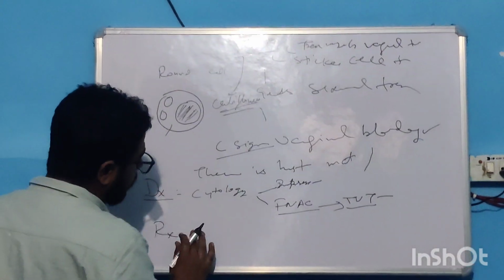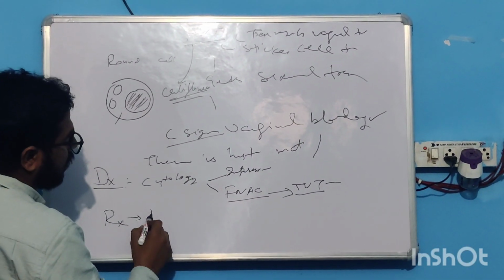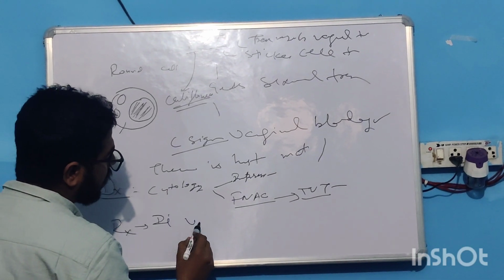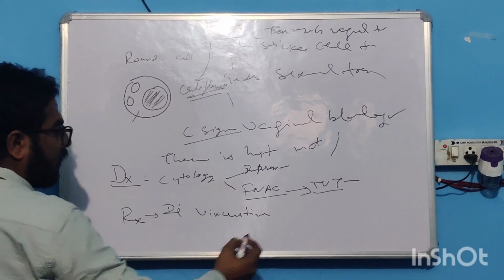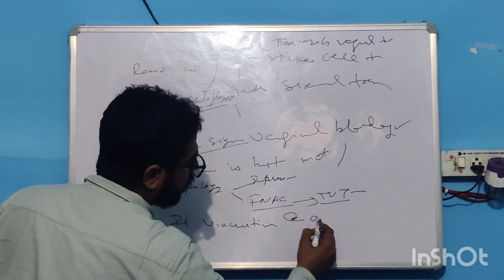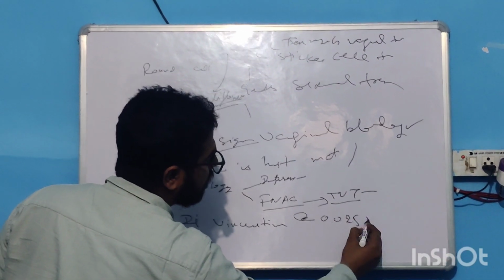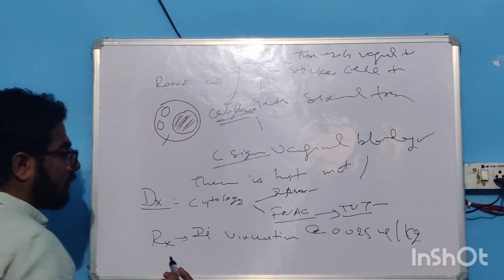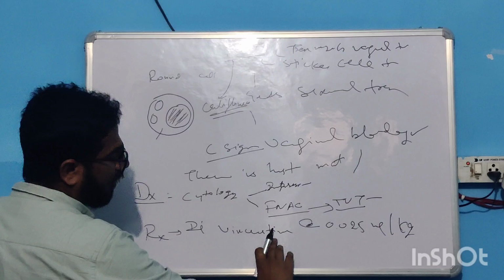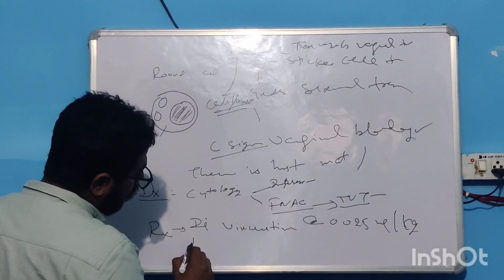If we talk about treatment, we inject vincristine at the dose rate of 0.025 mg per kg body weight. Sometimes TVT doesn't respond to this drug, so we can use doxorubicin.